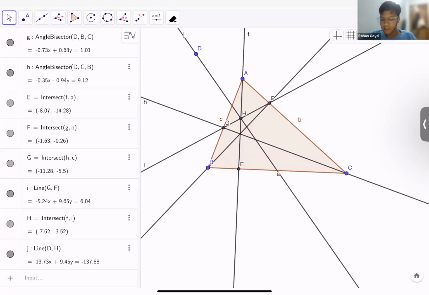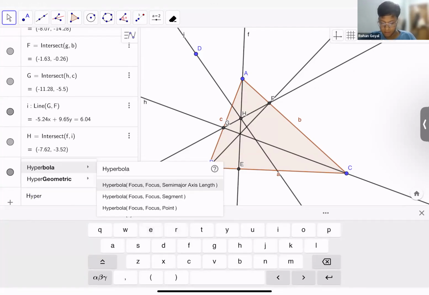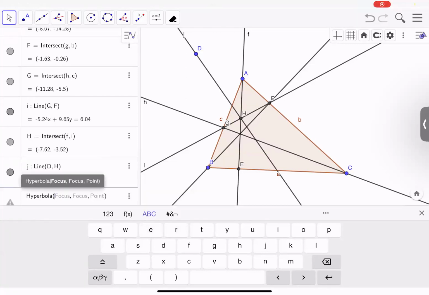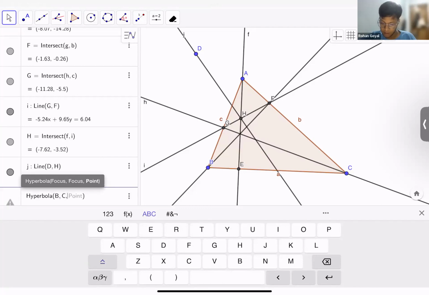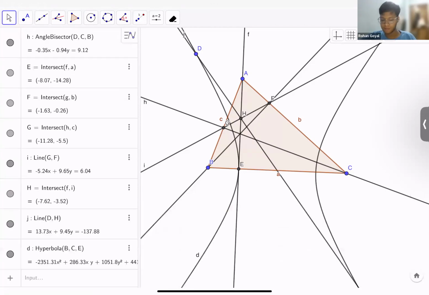So this is literally just the hyperbola with foci at B and C passing through E. D is just a point on that hyperbola. There's nothing more to it. Does that make sense? So D, C, E. There we go.